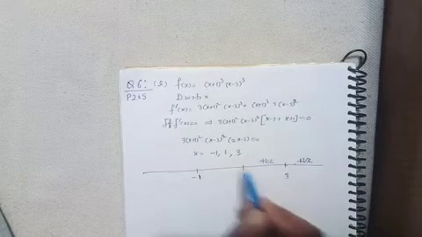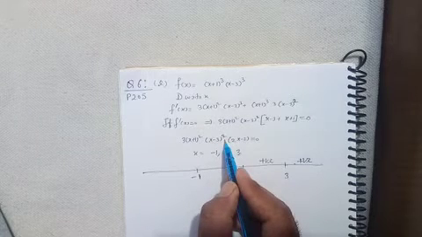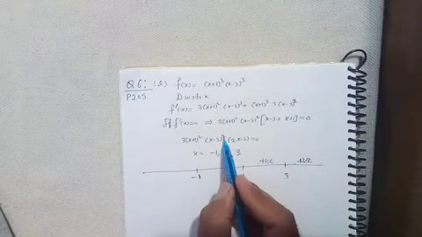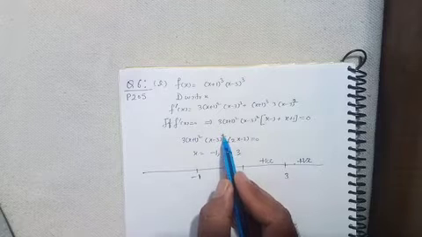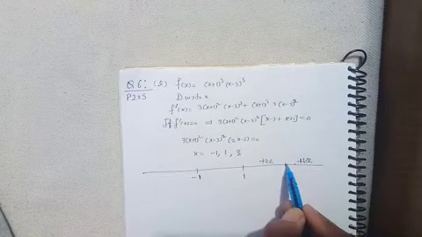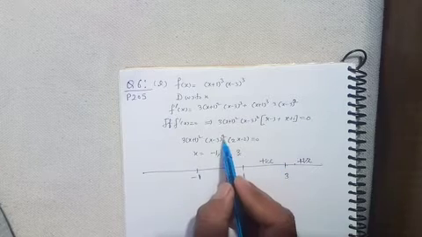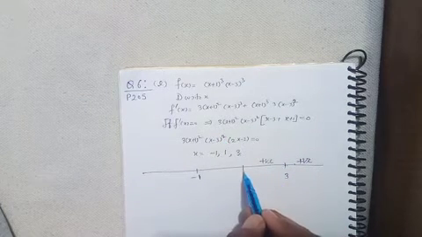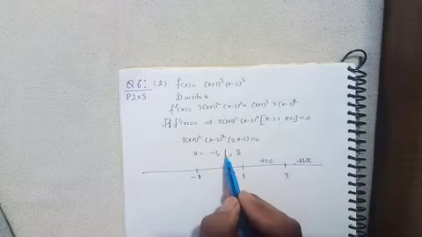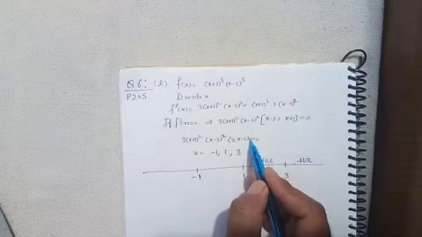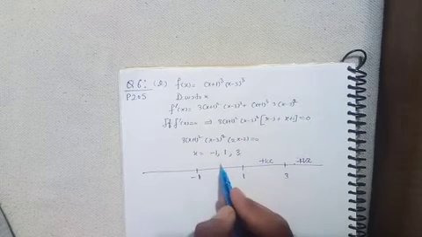As 3 is obtained from x minus 3 whole square, we will not change the sign. If its exponent were 1 or 3 or 5, then we would have changed the sign. But it is an even number, so the sign will continue as it is. Now the next number is 1, obtained from 2x minus 2, having exponent 1, an odd number, so change the sign.